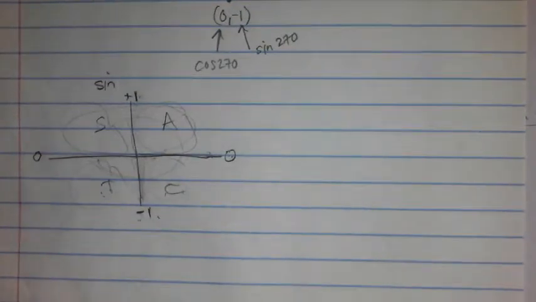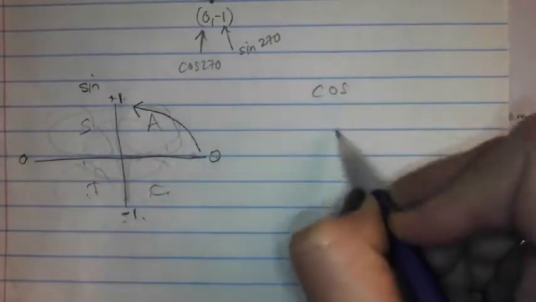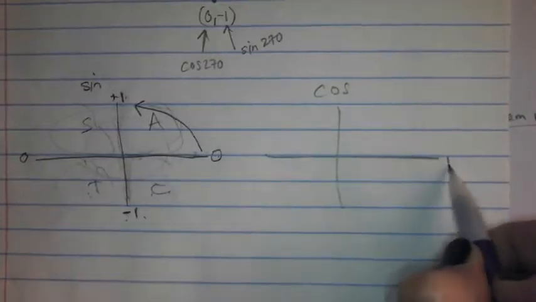Then sine is negative this entire time. It's negative here and it's negative here, so it makes sense that it would be negative on that border between two negative quadrants. So with a reference angle of 90, you get 1, but this one's positive. Reference angle of 90 here, but it's negative 1. Okay, so sine starts at 0 and increases up to 1. Cosine, on the other hand, starts at 1.